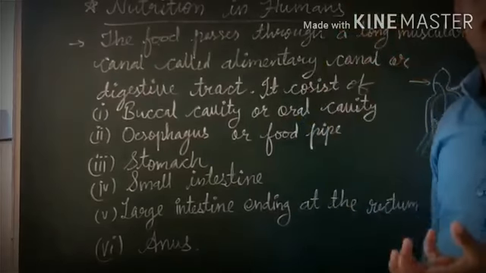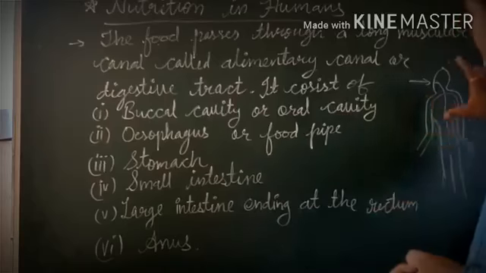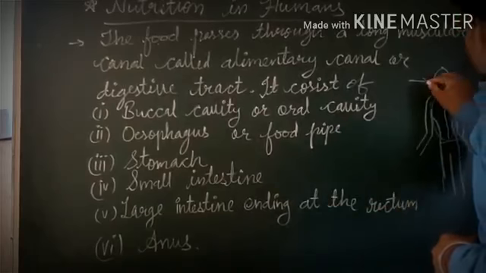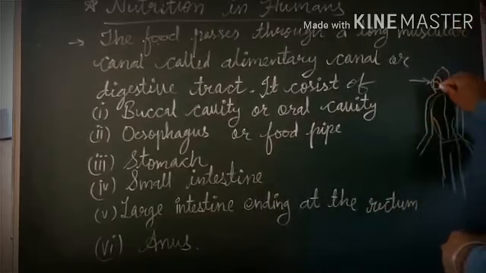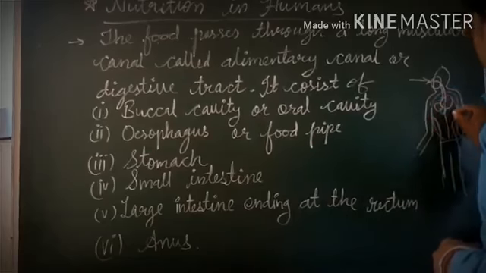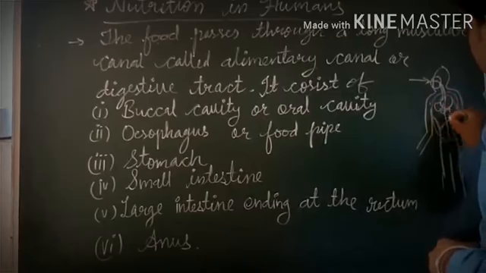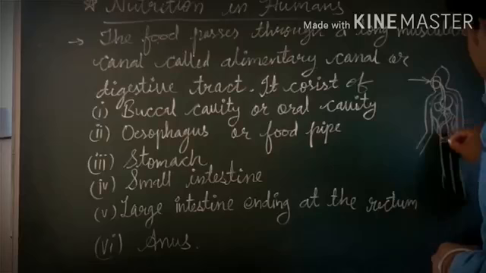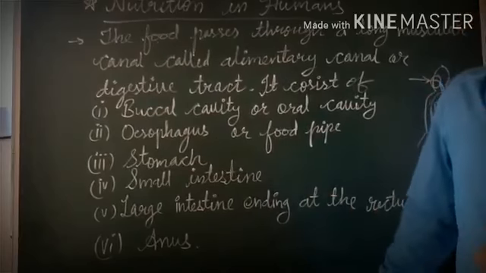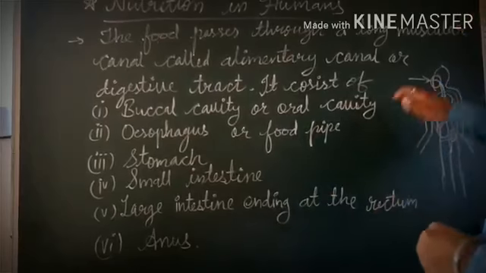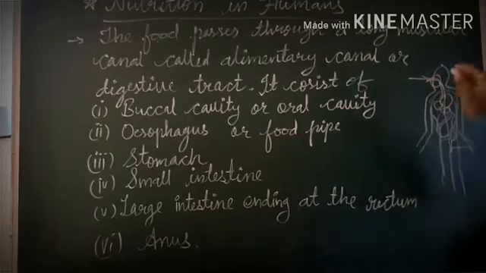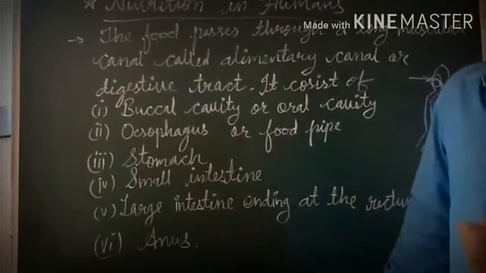The human body is a complex structure where food goes through the buccal cavity, the esophagus, the stomach, the liver, pancreas, small intestine, large intestine, rectum, and anus. In this way, the human body is a complex structure. So there is the whole path from the buccal cavity to the anus, including all the glands also.